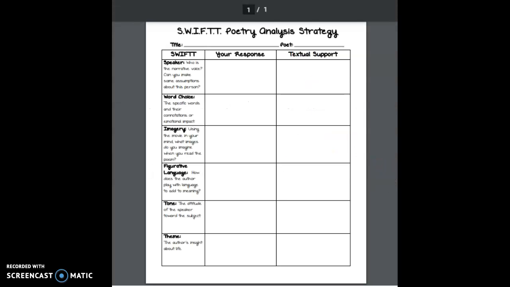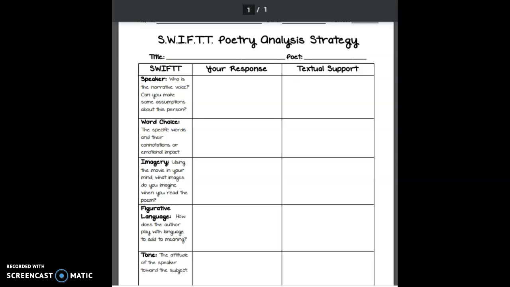The W is for word choice, okay? Oops, sorry about that, guys. Word choice. And so when we think about word choice, we want to think about the specific words and the emotional impact that those words have on us. Think about those words that the author, the poet, the songwriter uses and how those specific words impact how we feel, because we know words and songs make us feel a certain way.